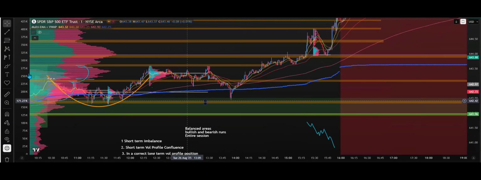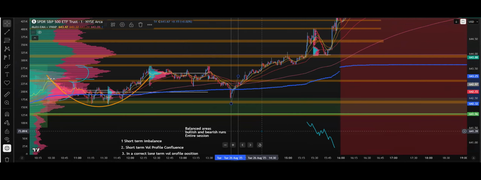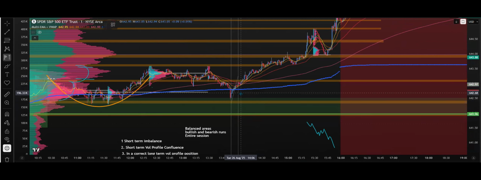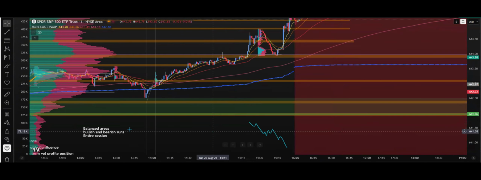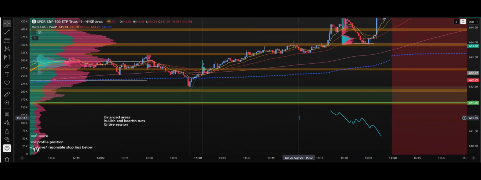And if we take the fixed range volume profile of, let's say, just this uptrend from here to here, and then another one from here to here, you could separate those sections to see, after the first consolidation, on the next leg up, where's the best place for it to consolidate?